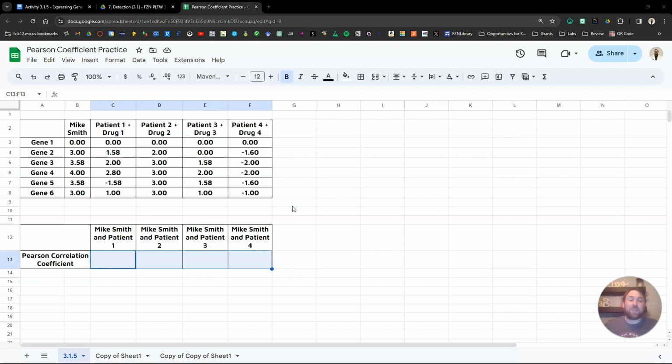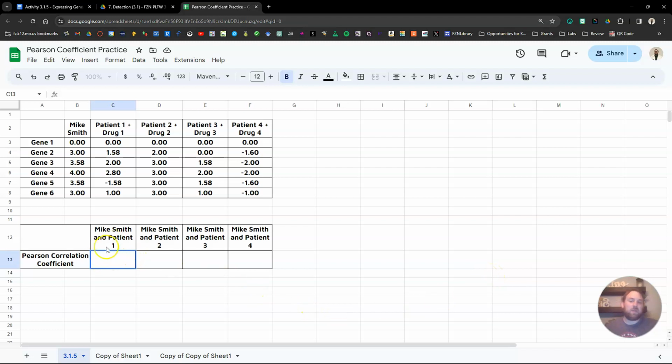Each of them got a different drug, and depending on the genes and their expression, we might be able to determine which of those drugs work really well on Mike Smith. We'll do this by calculating a Pearson correlation coefficient.